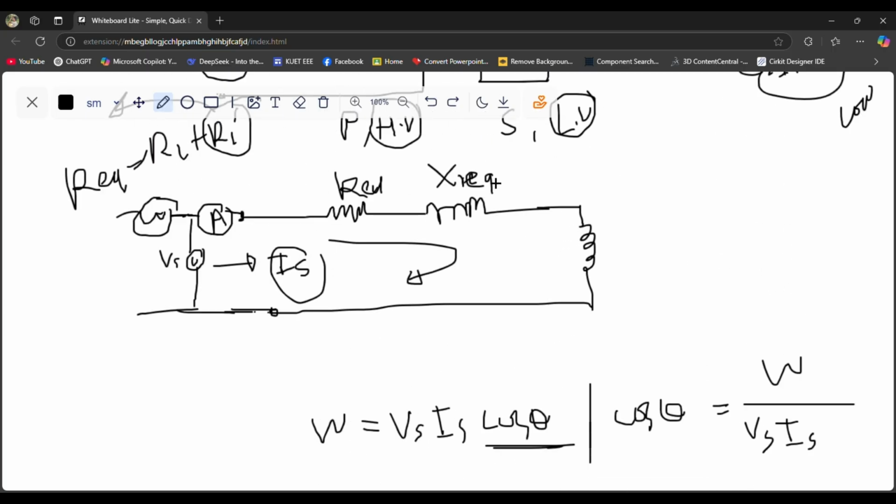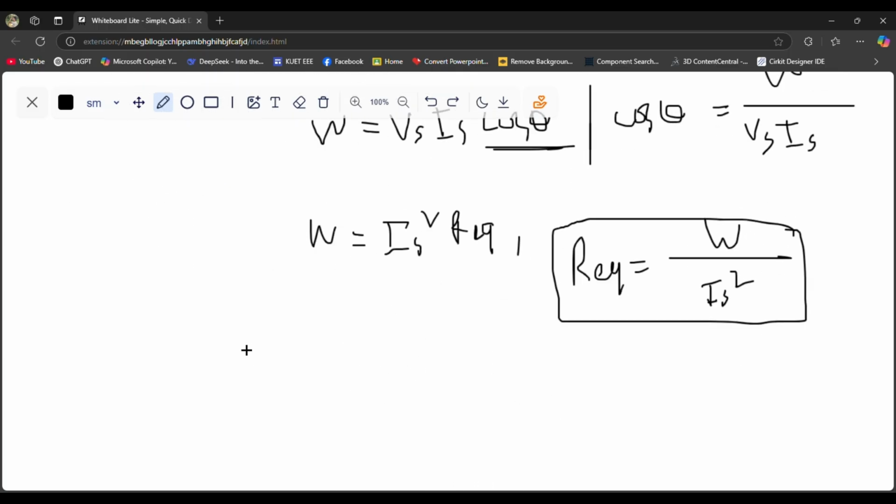Now how can we get this X equivalent? We have already found R equivalent. The whole thing makes Z equivalent, and the supply voltage is applied across this Z equivalent, and we have the current Is. So Z equivalent will be Vs divided by Is.